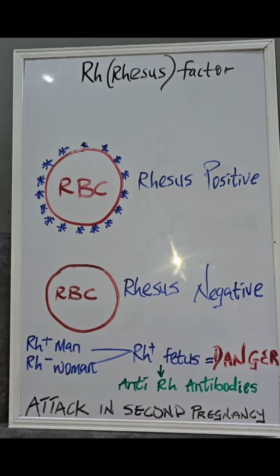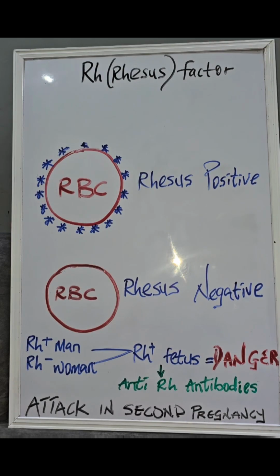It's just a way the woman's body is going to mobilize soldiers because of that foreign body that has found its way into the blood. So in that first pregnancy, she's safe, she will deliver the child and she will be okay. Both the mother and the child will be okay.